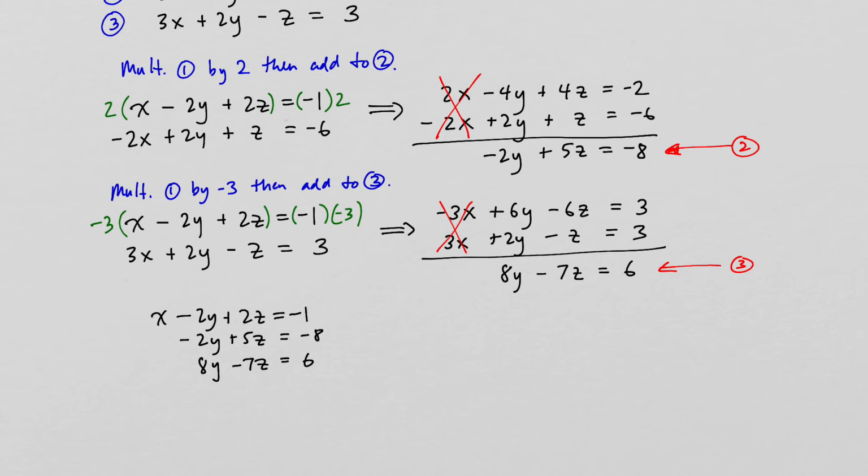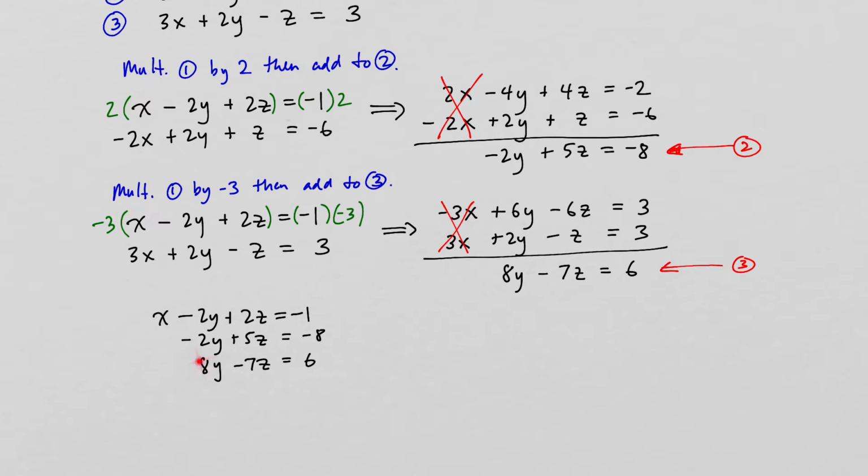So the next step now is I want to get rid of the variable y in the last equation. To do that, I'll use only these two equations. I'm going to multiply this second equation by 4, which will change this to a negative 8y, and then I can add it to this equation.